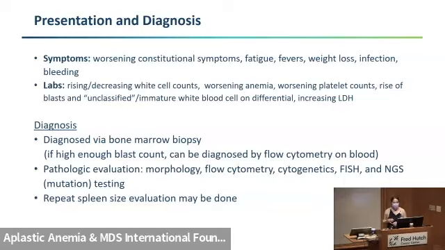And in the differential on that white count, we'll often see something called blasts. Sometimes they're called immature white blood cells, sometimes unclassified cells, or sometimes even decreasing white blood cell counts, or worsening anemia, worsening platelet counts. So worsening of all three cell lines.